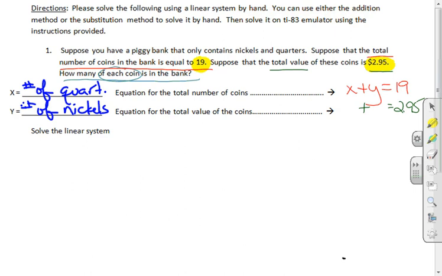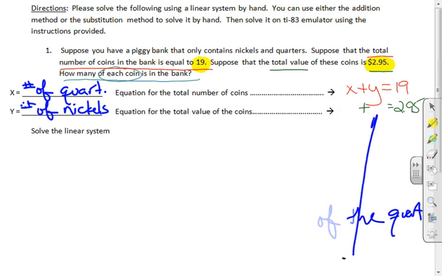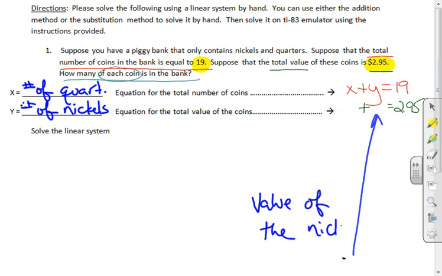Well, I guess what I'm adding here is going to be the value of the quarters. Okay? And then here, I better be having the value of the nickels.